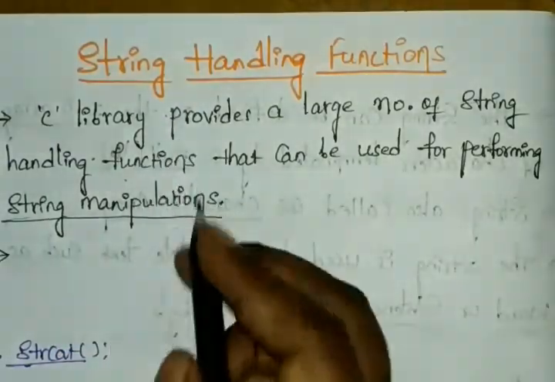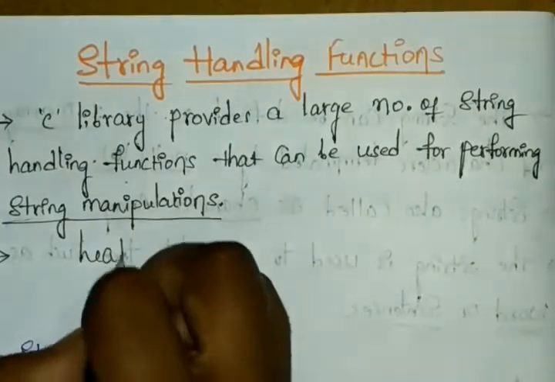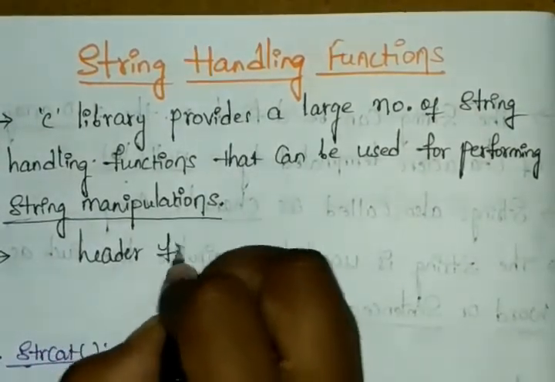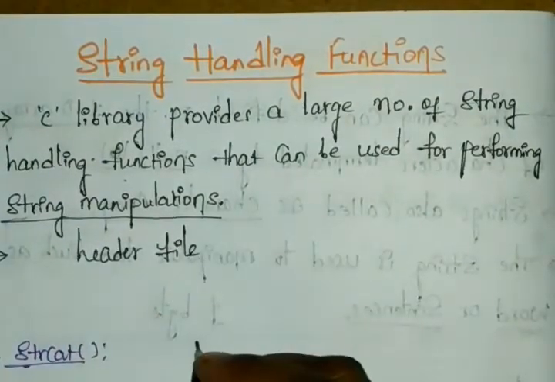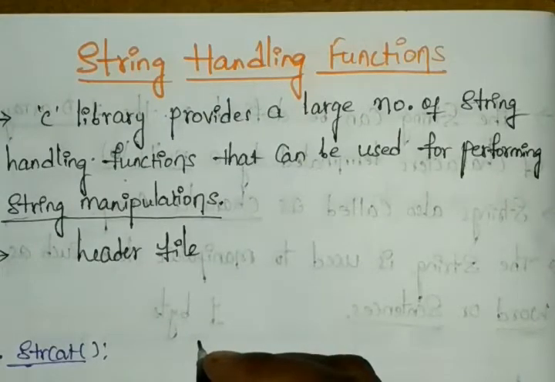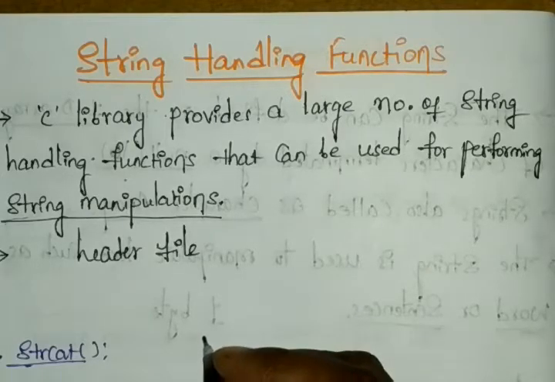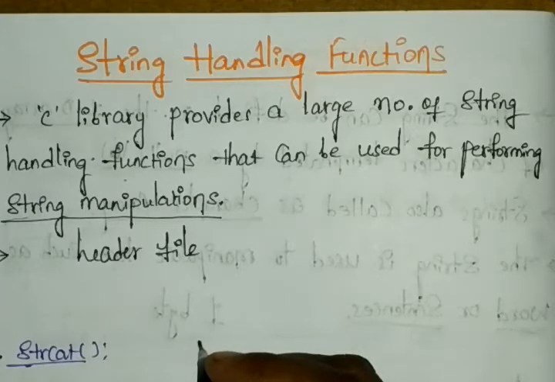So how will it be? If you're writing the header file, like hash include stdio.h, it may be conio, math, string, any library function you can choose, and these will have .h files, right? So here, std means standard, con means console, and math means the mathematical operations that you are performing.